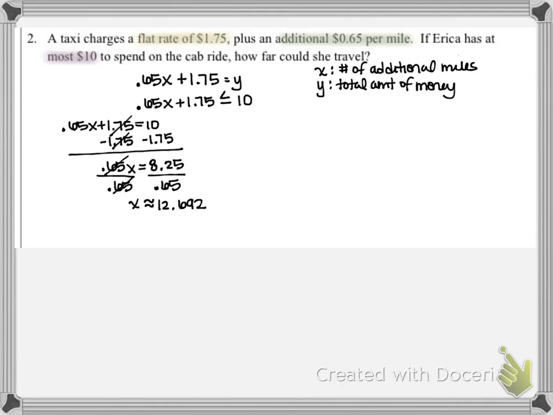So I would say she could travel approximately, let's see, 12.6. We don't want to go over for sure because she would have already run out of money at that point. She could travel approximately 12.6 additional miles.